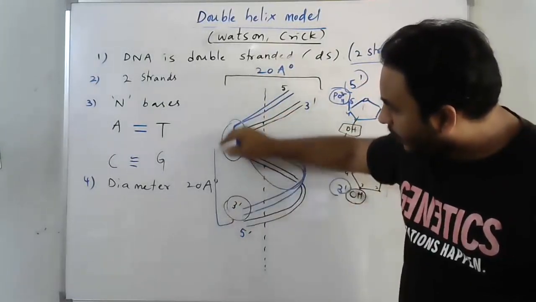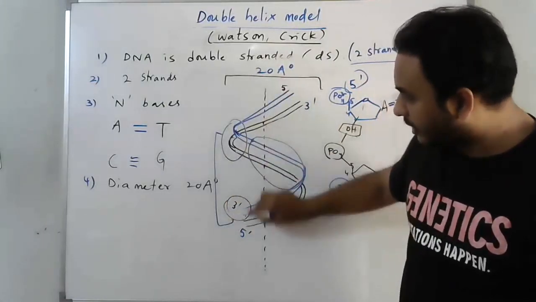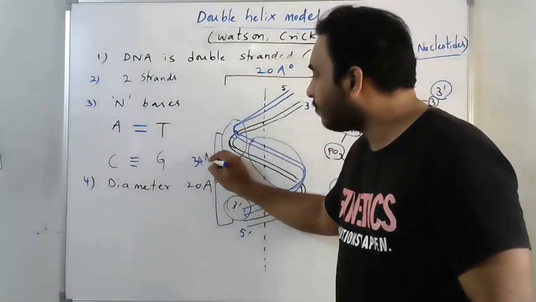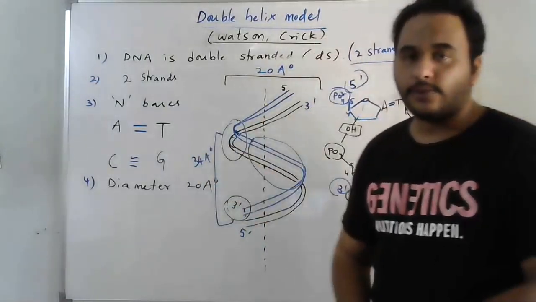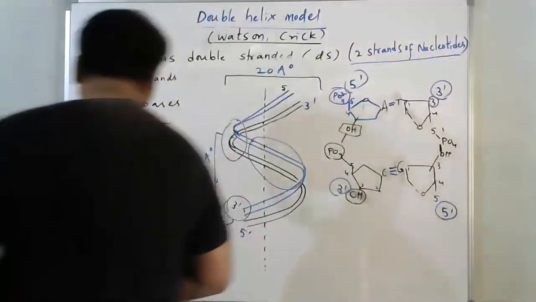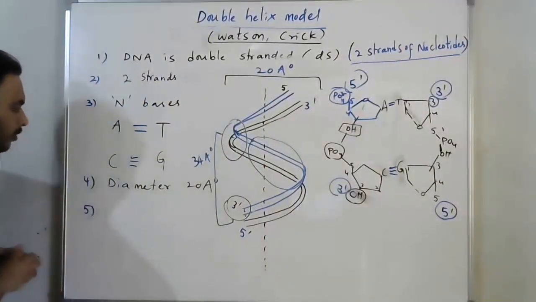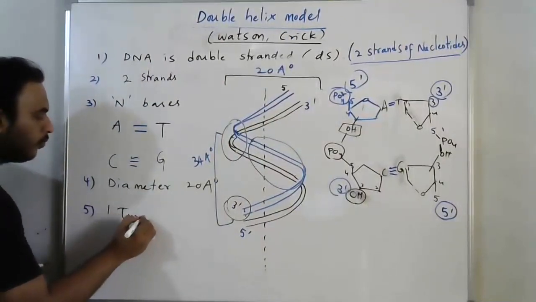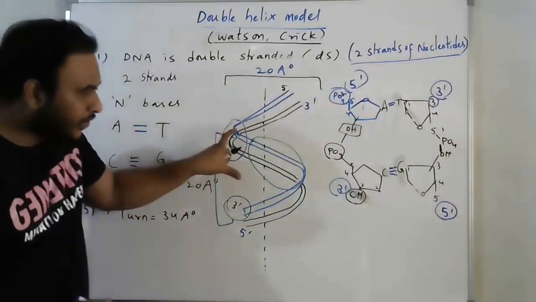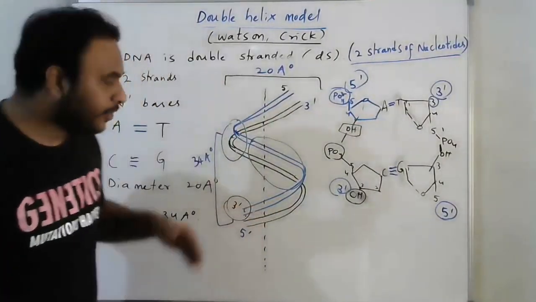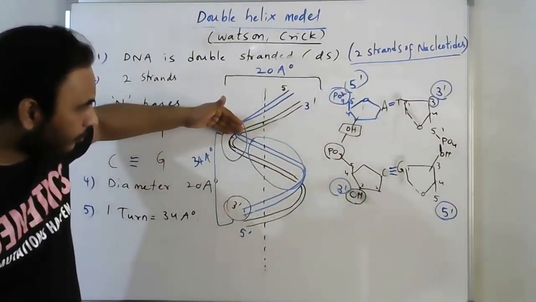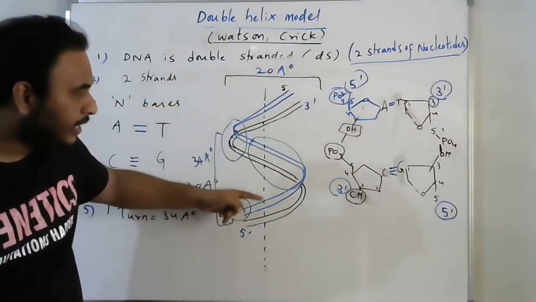The distance between two shallow grooves is 34 angstroms. This is nothing but one turn, the region of the DNA strands covering from one shallow groove to the other shallow groove.